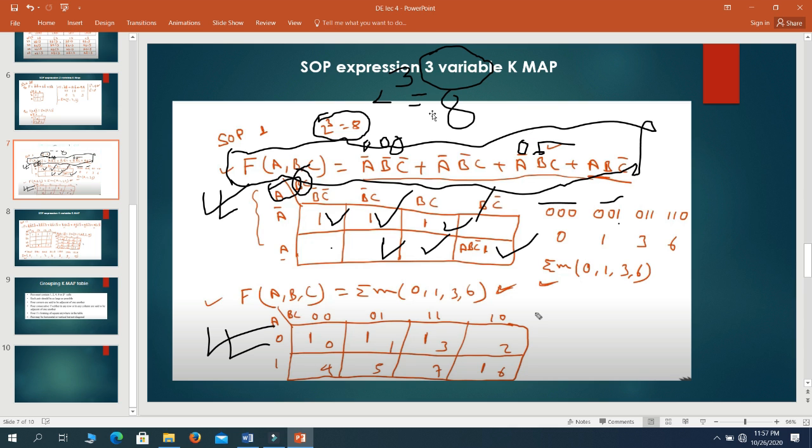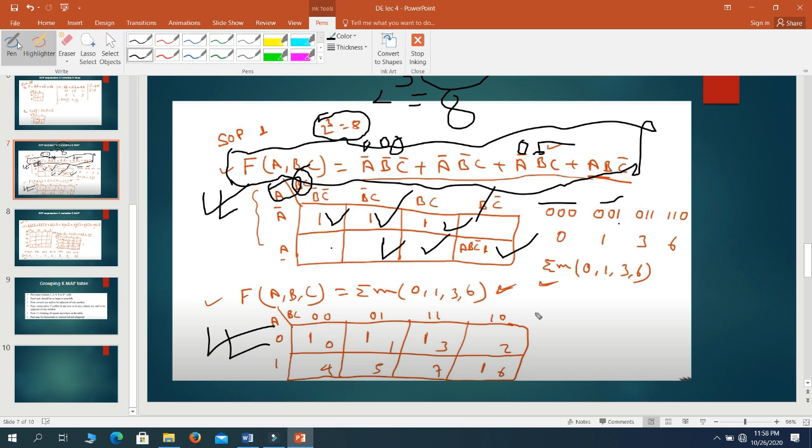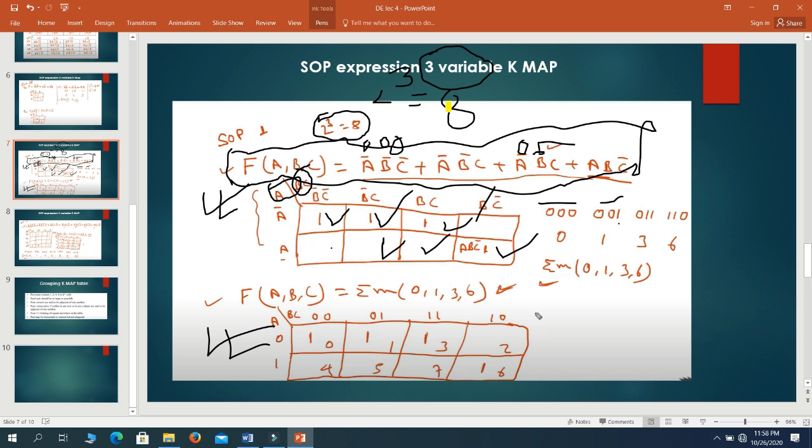Next we have C, which is not C bar, so C should be represented with 1.